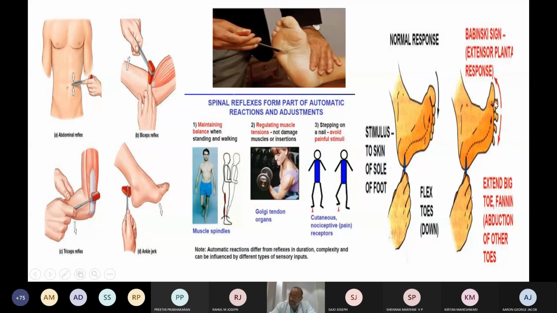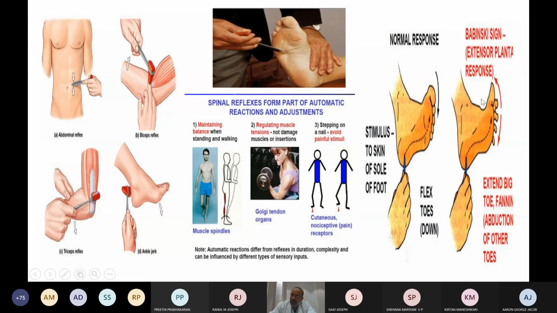Understood? During sleep. But when it is seen, you have to think, say in the case of children, when there is no completion of the myelination of the corticospinal tract, that is in the first 1.5 years of life.